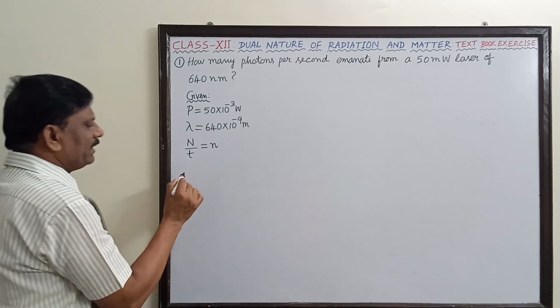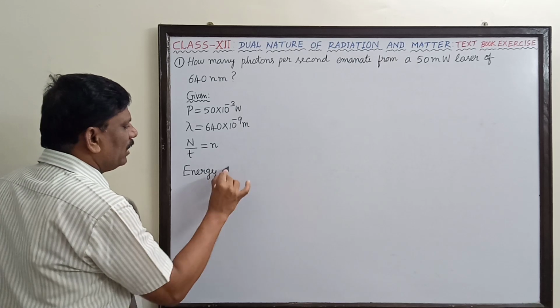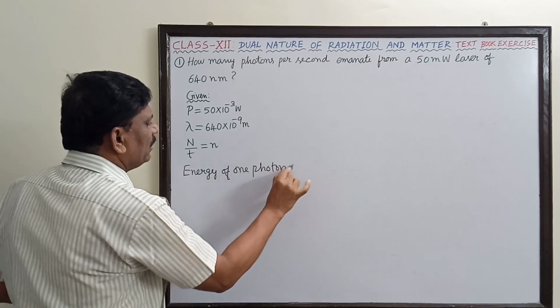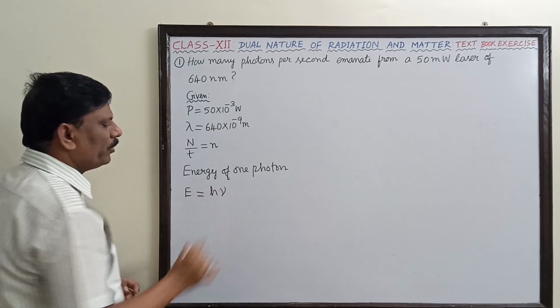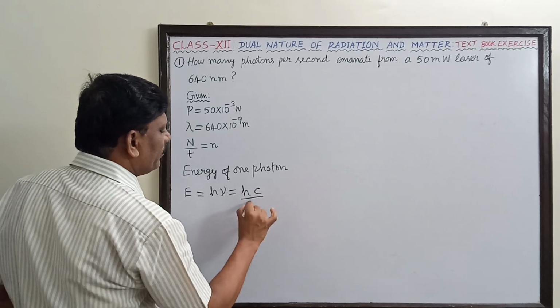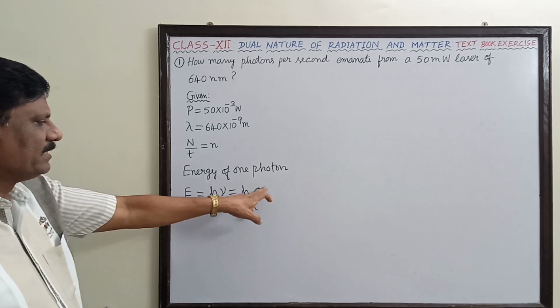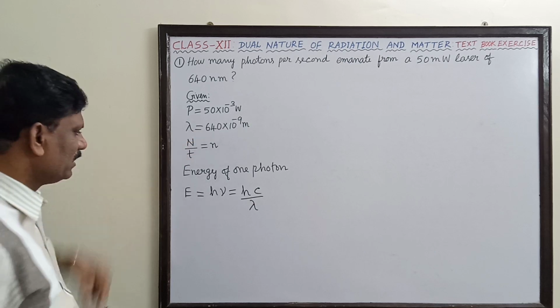Now first, what is the energy of one photon? The energy of one photon is E is equal to h nu, and this also is equal to h c by lambda, where h is Planck's constant and c is the velocity of light, lambda is the wavelength of the laser light.